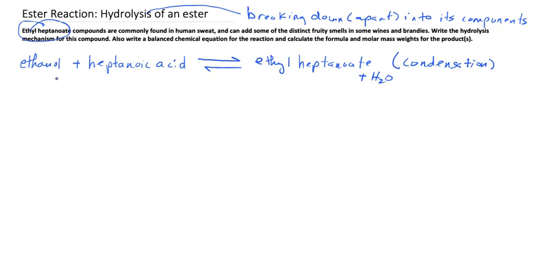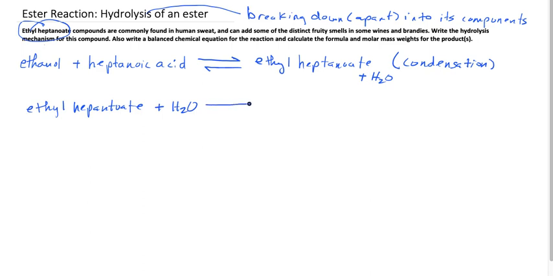So that means what we have to have is ethyl heptanoate plus water, and there we go. And then of course this would break down to make our ethanol or ethyl alcohol, either way, plus the heptanoic acid.